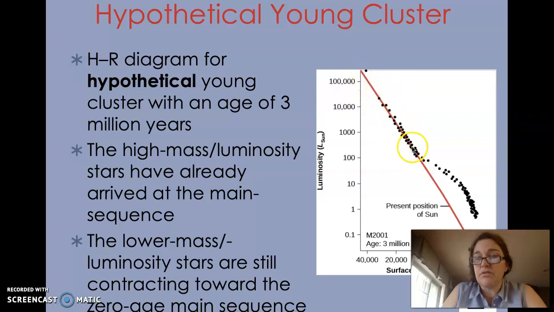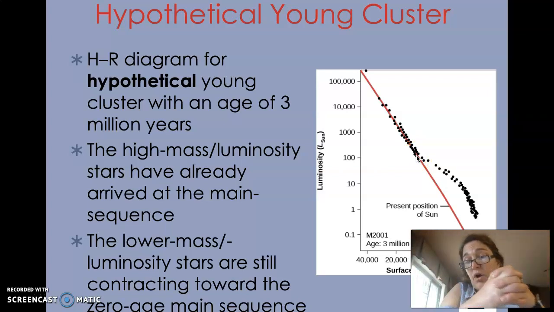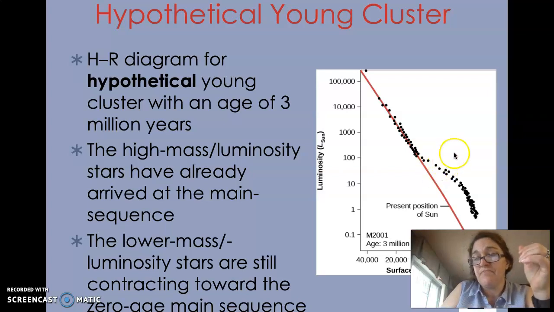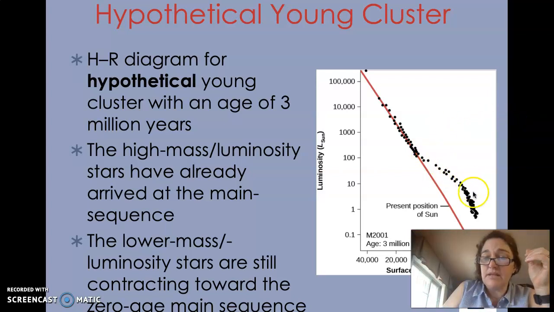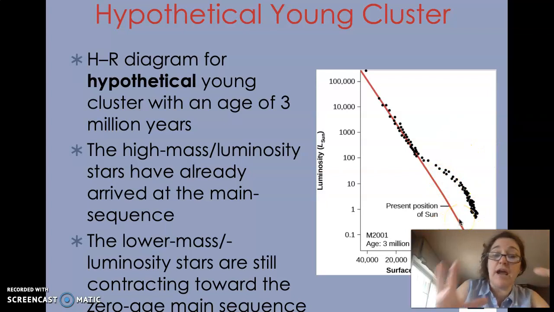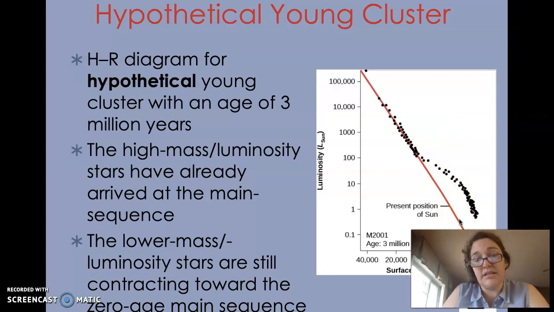The largest stars are right on the main sequence because they have already finished collapsing and they are main sequence stars. These over here in this little arc are still condensing. They have not yet started fusion, so they are protostars and they are contracting toward the main sequence, the zero-age main sequence.